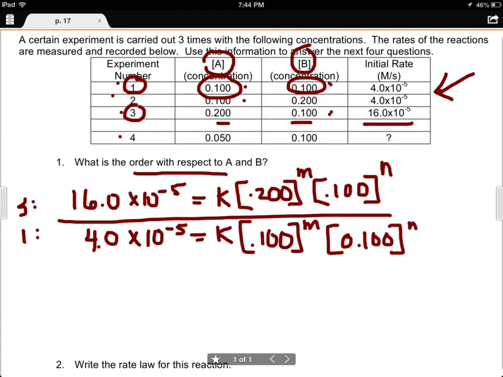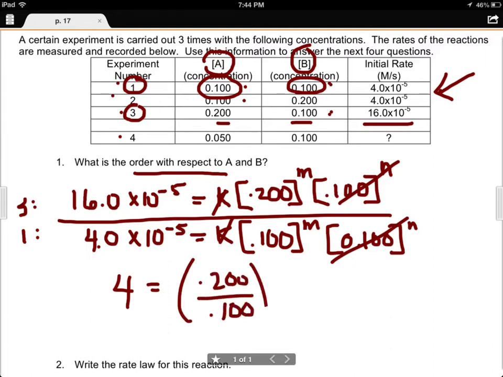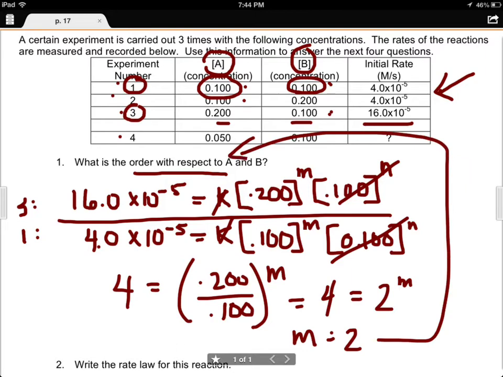You'll notice what happens when we simplify this: we get 4 is equal to, K's cancel, concentration of B cancels, 0.2 divided by 0.1 taken to the mth power, which simplifies to 4 equals 2 to the mth power, and so m must equal 2. And so we'd say that this is second order with respect to A.